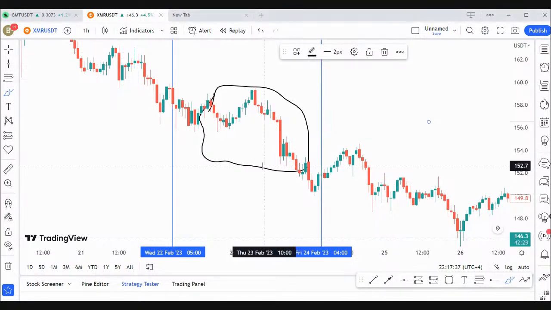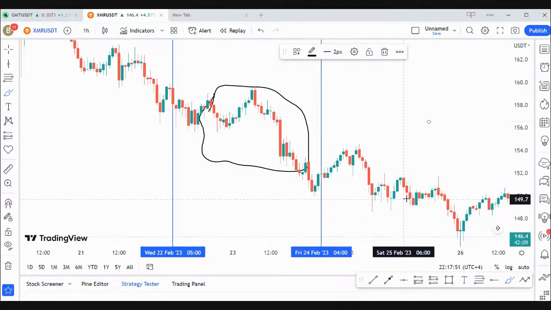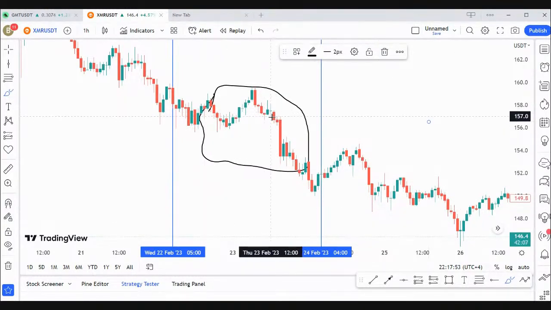So for example now, this place, this is an imbalance because price sold off aggressively. And what happens when this aggressive sell off happens? It means that in this candlestick here, when this sort of happened, this is money.